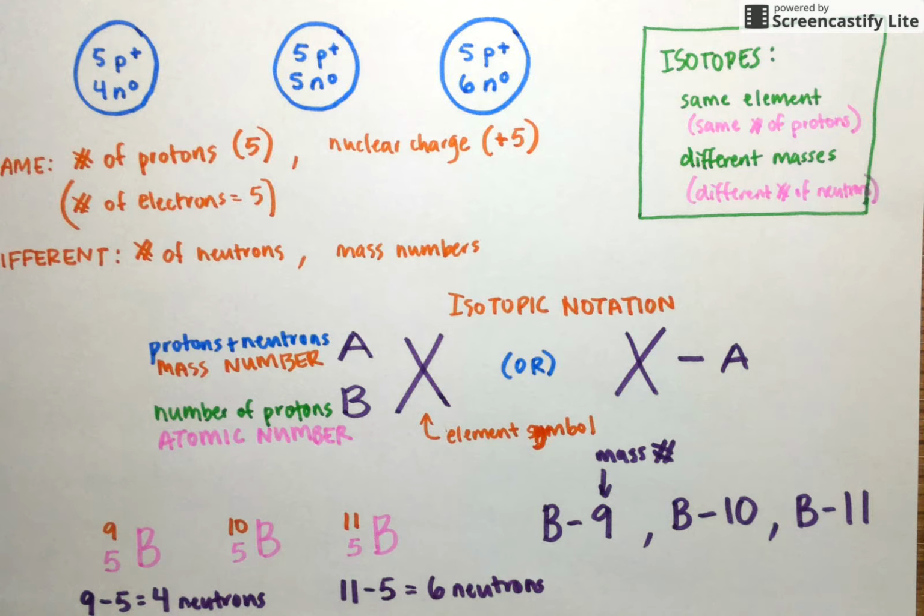And one thing you'll need to be comfortable doing is working in reverse from this notation back up to what the nucleus must look like. Because if I've got an atomic number of 5, I know I must have 5 protons.